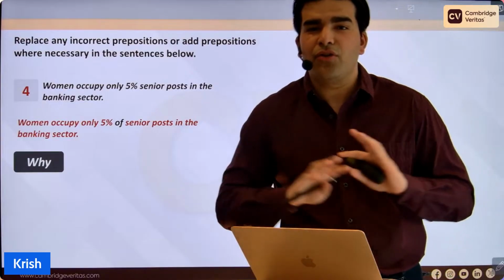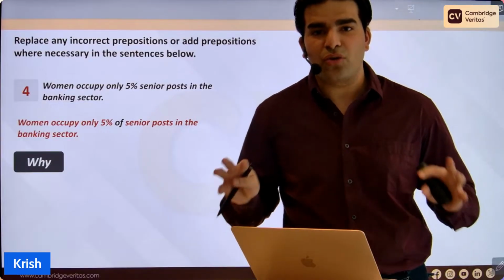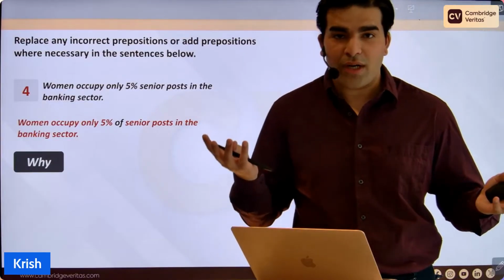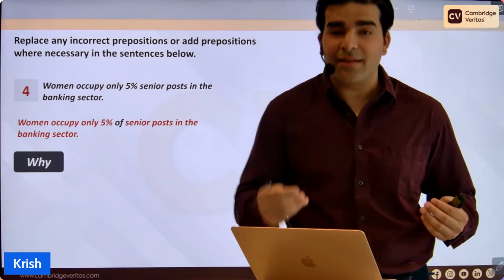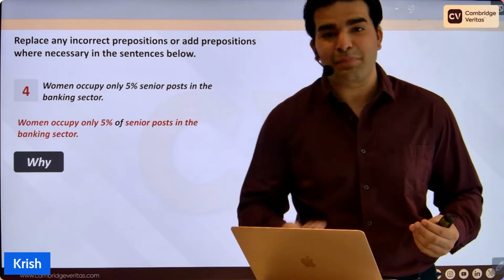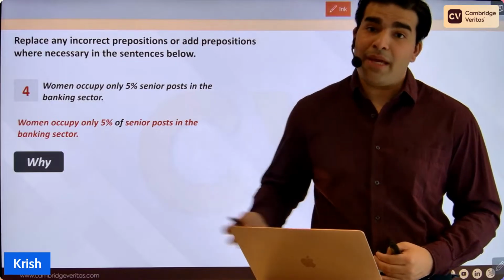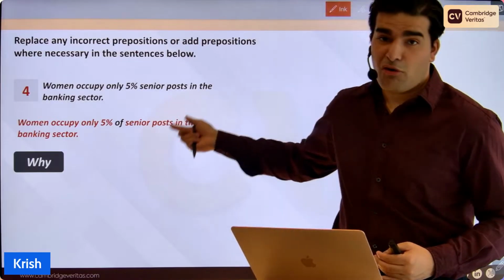But to make sure that you leave no stone unturned, because you do not know what kind of examiner you would have, if the examiner is particularly pedantic, that is particular about grammar, they may deduct your mark because you've not used of here.